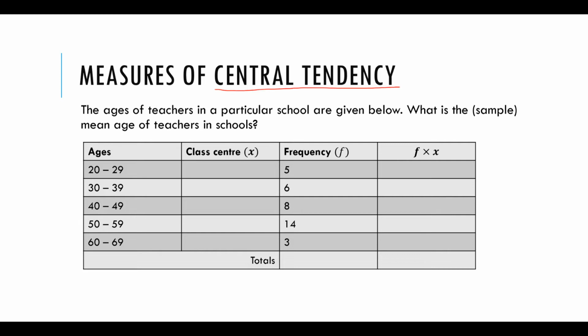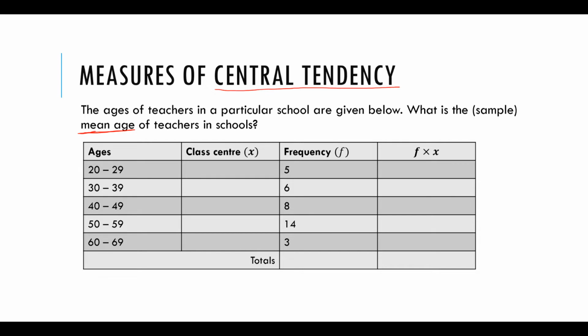I'm going to assume that you can calculate the mean from a list of numbers. If you're not sure about that, then make sure you get some revision on that by asking in class. What instead we're going to do is have a look at working out the mean age when we have got a grouped frequency table. So this grouped frequency table has got some people put into groups.